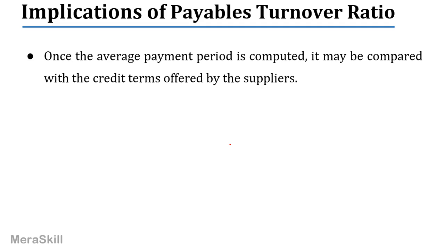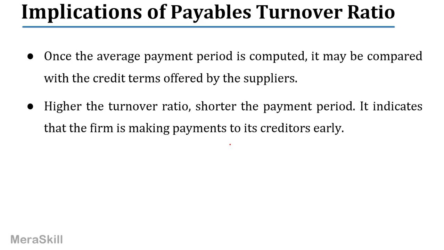Once the average payment period is computed, it may be compared with the credit terms which are offered by the suppliers. Higher the turnover ratio, shorter the payment period. It indicates that the firm is making payments to its creditors early. Yes or no? So once we get the average payment period, what do we see? We look at the credit terms which are offered by the suppliers.